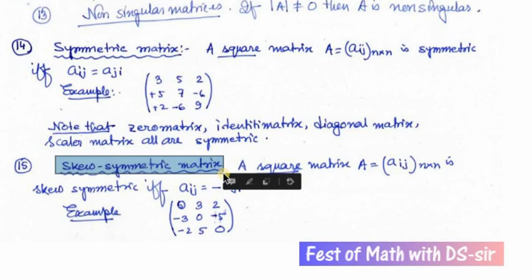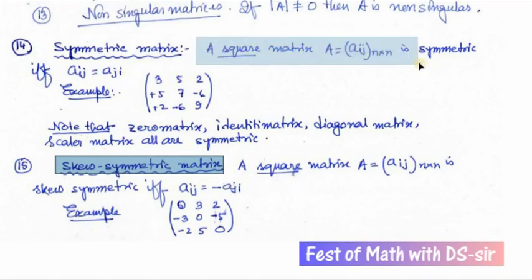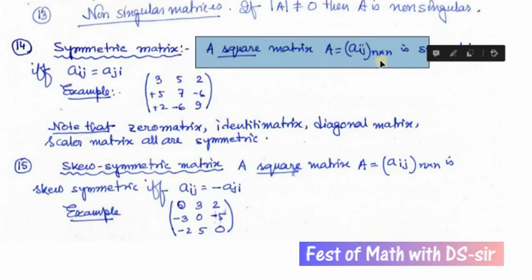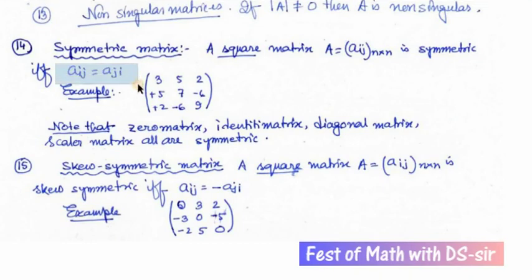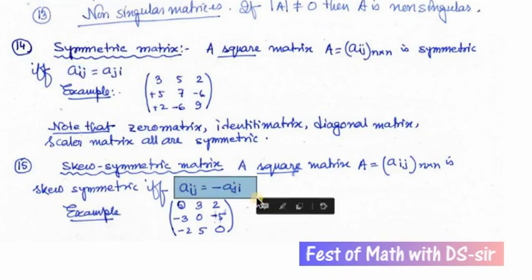If Aij is equal to Aji, that is, the A12 element and A21 element are the same, the A13 element and A31 element are the same, and so on. A square matrix A equal to Aij, of order n by n, is symmetric if Aij is equal to Aji. Same definition for skew symmetric: if Aij is equal to minus Aji. Just recall the definitions from the case of determinants.